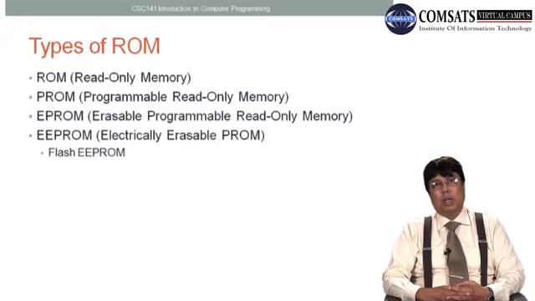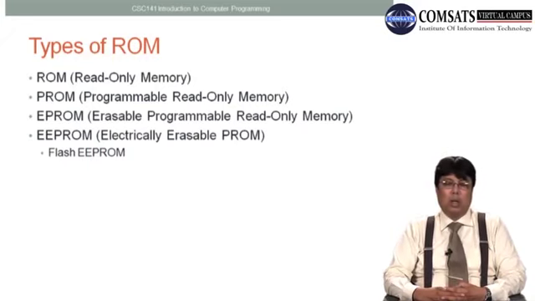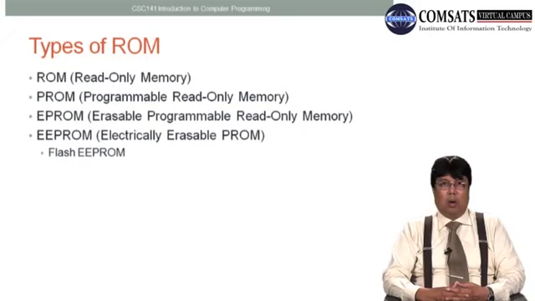Usually this information is provided by the manufacturer. So at the time of the manufacturing of this chip, the information is stored, the data is written, and this data cannot be erased or rewritten by the user.